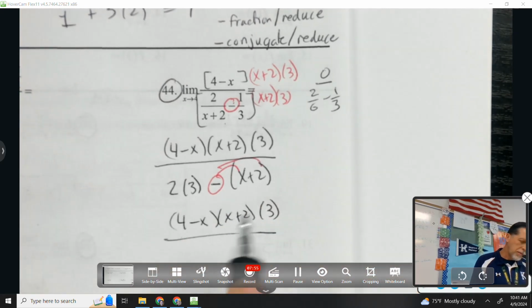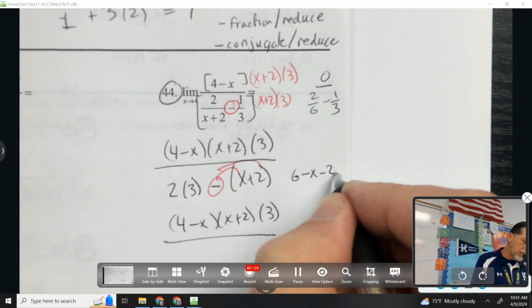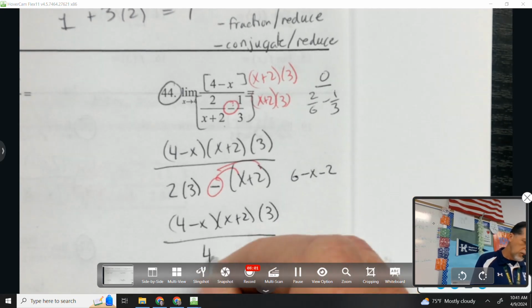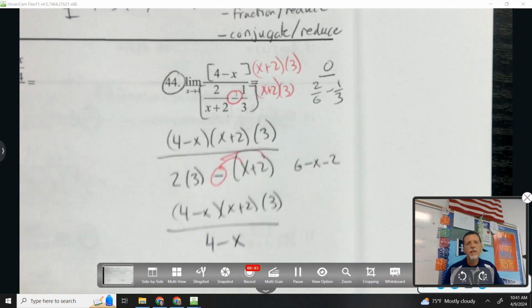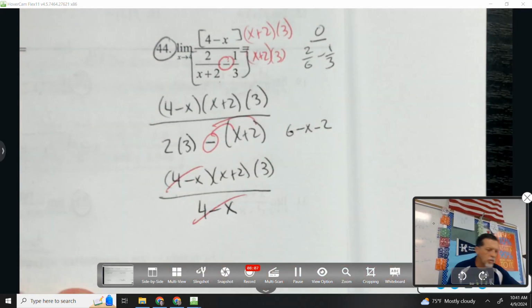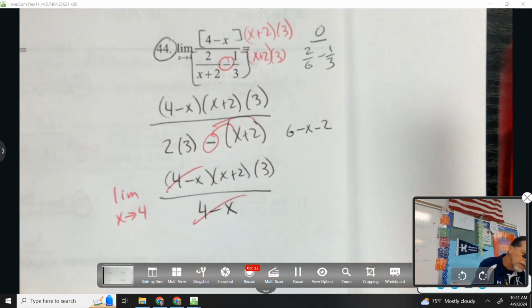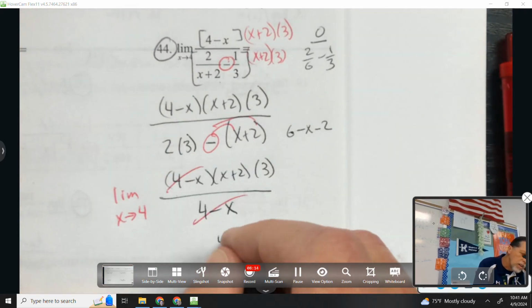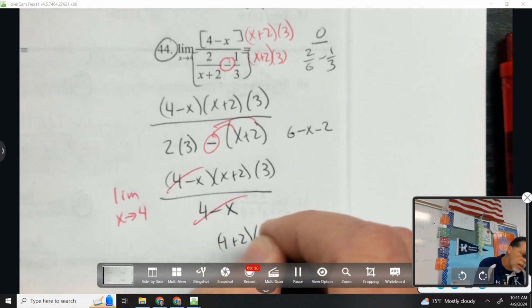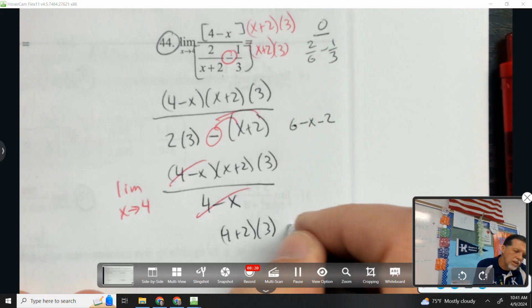And then in the bottom, 6 minus x minus 2 would be 4 minus x. That's very convenient. 4 minus x's will go away. And then we get to try again with our limit. Limit as x approaches 4. 6 times 3 is 18.